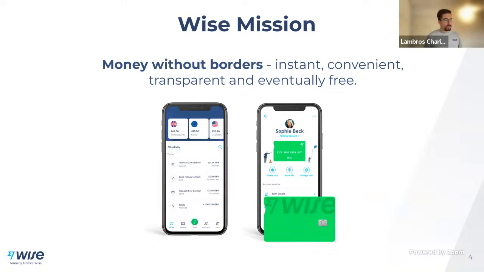There's the WISE app that lets you hold multiple currencies at the same time, or also enables you to send money across borders for super low fees. We also have business APIs for banks to leverage those low fees. So go to wise.com and check out the company and the product if you like.